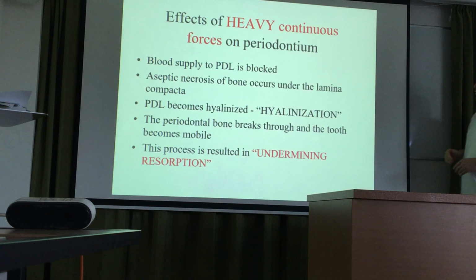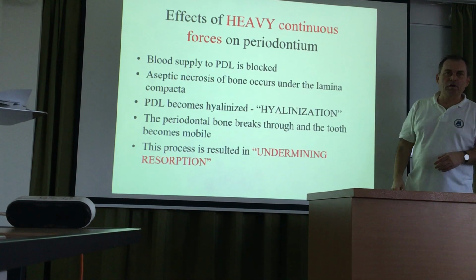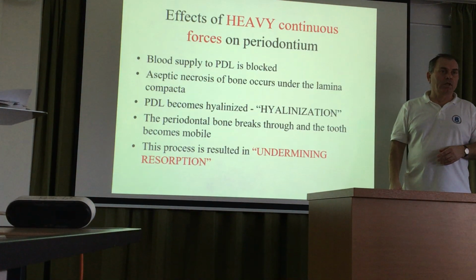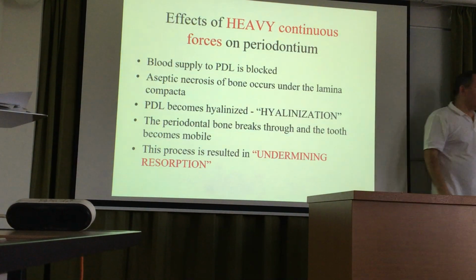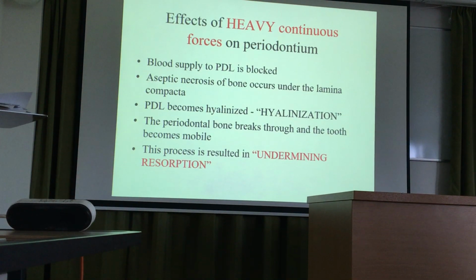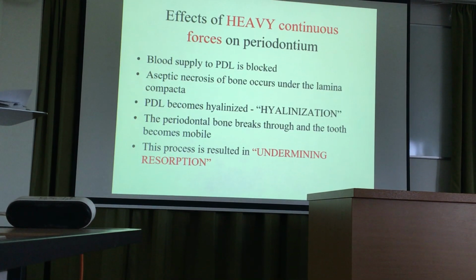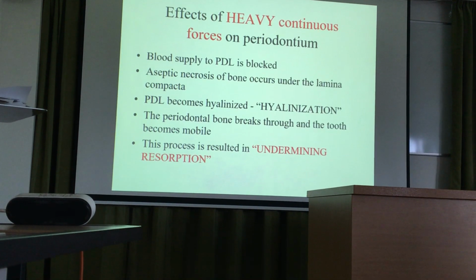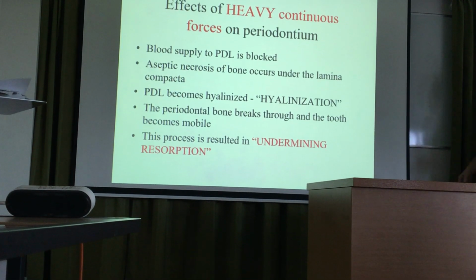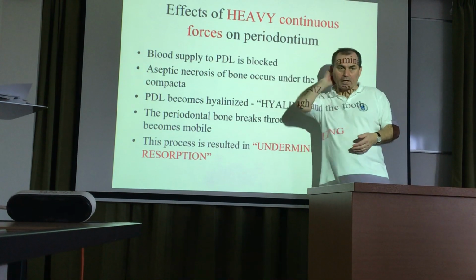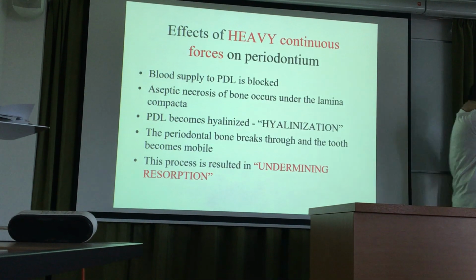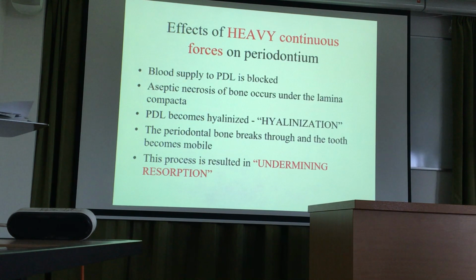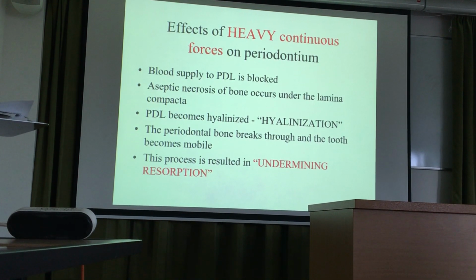And what happened in this undermining case, in this unwanted case, when you unprofessionally applied appliances with too high forces? Suddenly the whole PDL blood supply is blocked. So the vessels are blocked and there is no blood supply.